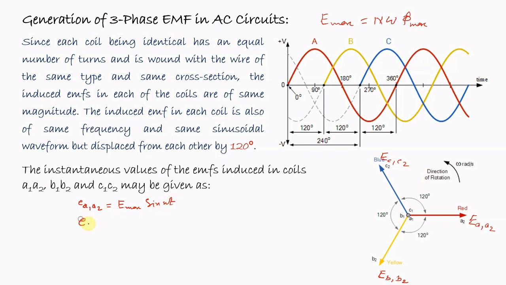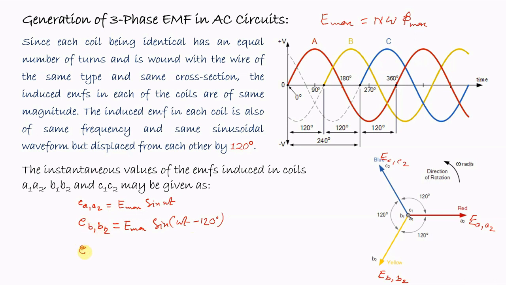Similarly, the instantaneous EMF induced in the second coil, that is B1, B2, will be E max sin (omega t minus 120 degree), because the EMF in the second coil is lagging by 120 degree from the EMF induced in the first coil.